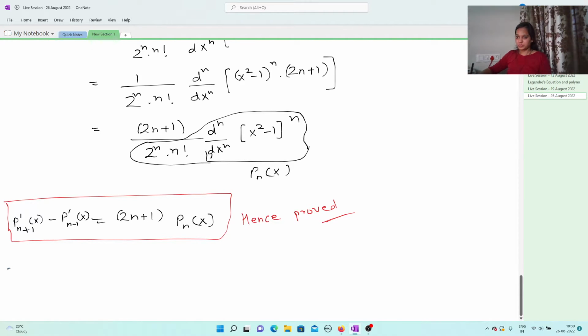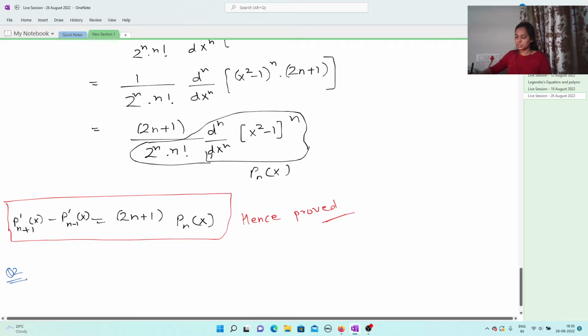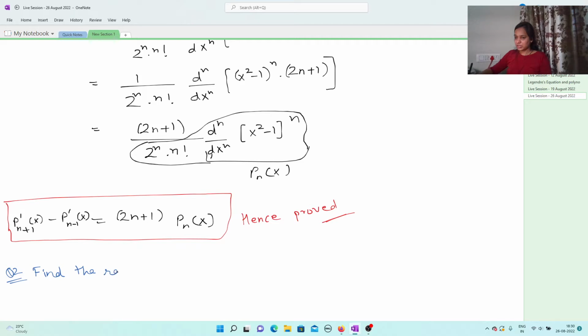Okay, if not, let's move on to the next question, where we have to find the radius of convergence of the following series.